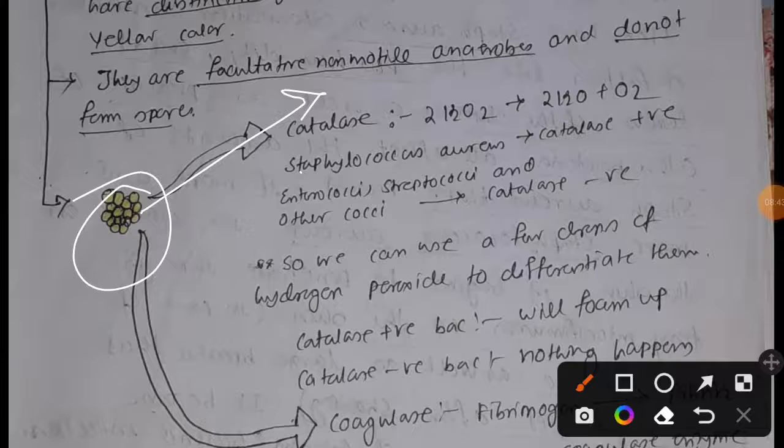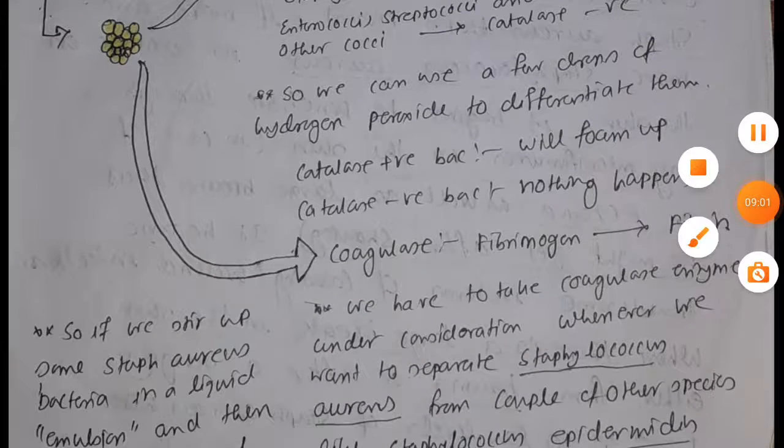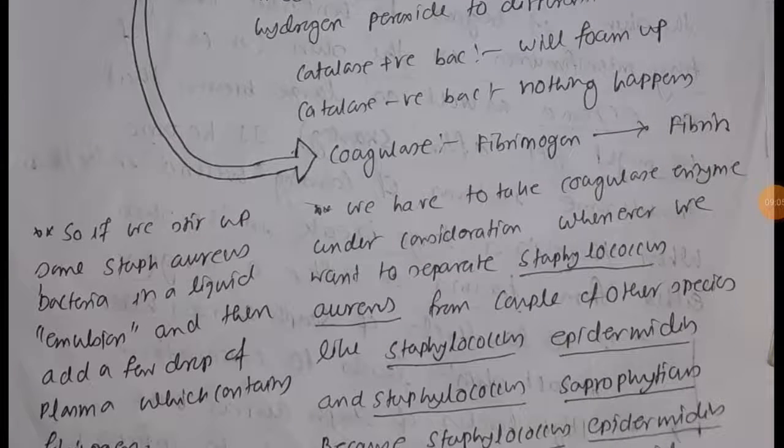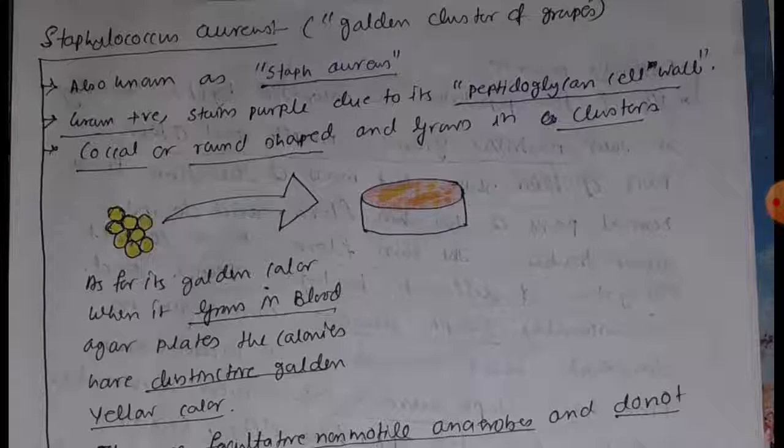It produces catalase, which helps us distinguish Staphylococcus aureus from other types of cocci. But when we want to separate Staphylococcus aureus from other Staphylococcus, we have to use coagulase. Coagulase facilitates clump formation in Staphylococcus aureus, but clump formation will not occur in other Staphylococcus.